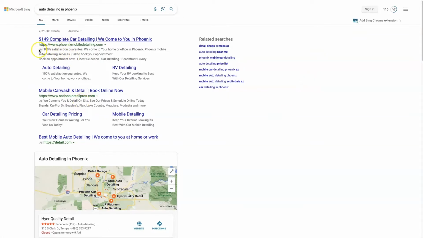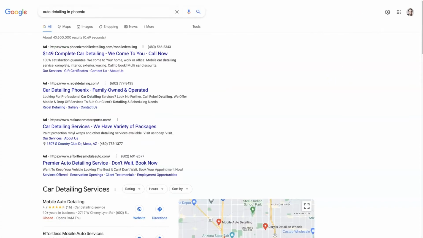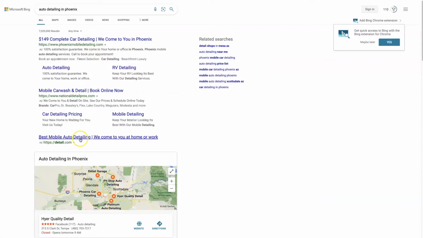Their ad indicators are a little more difficult to see, but there are three ads up at the top. Ultimately, the platforms work almost identically and look almost the same. So what's really the difference between running these search ads on Google versus on Bing?